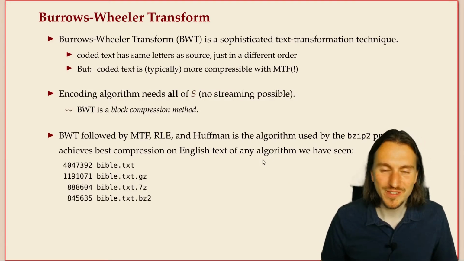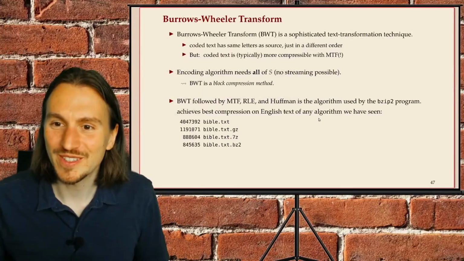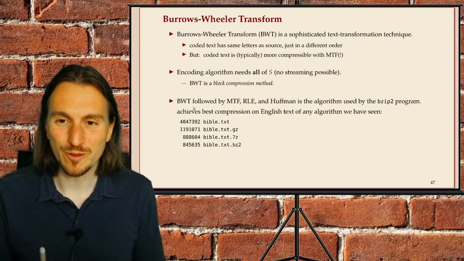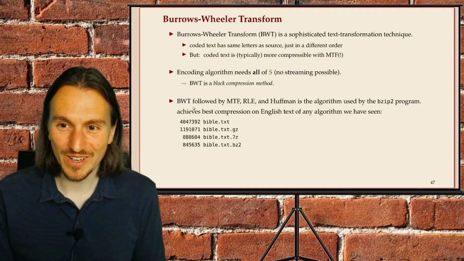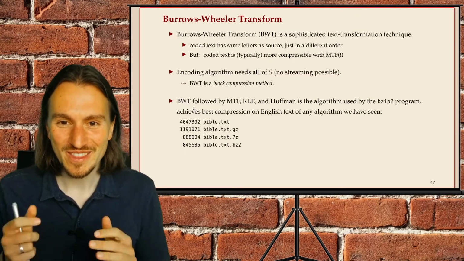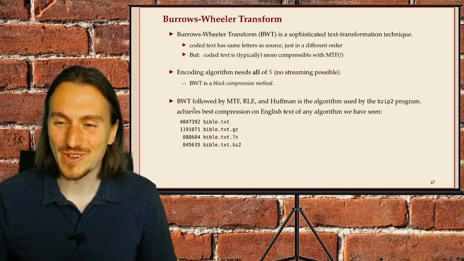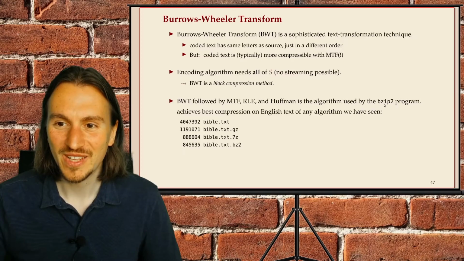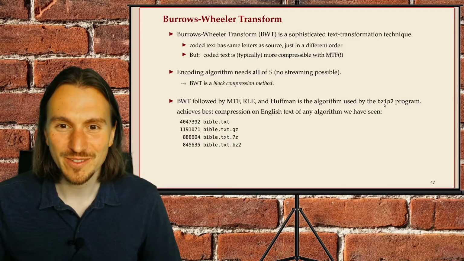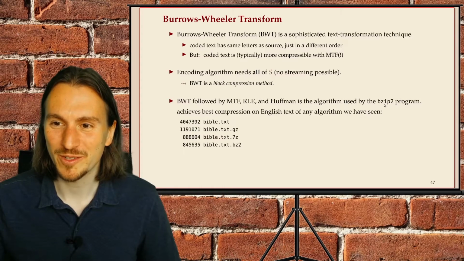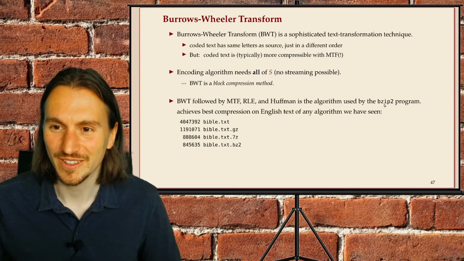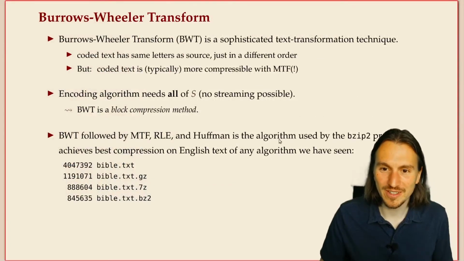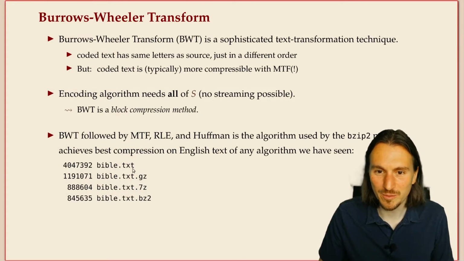And maybe what convinces you most is if you take the BWT, follow it by move to front, then run length encoding, and then Huffman at the end. That is at the core what is behind the bzip program. And that achieves the best compression we know for English text. I've shown you here, this is just the English Bible.